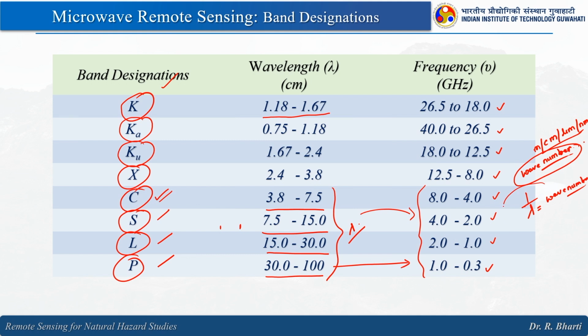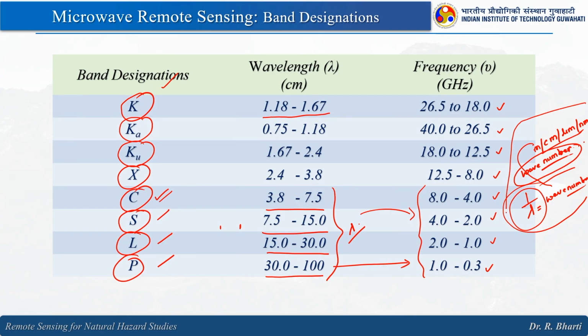So, you do not get confused with wave number. You simply do 1 by lambda, and then you can convert it to meter, centimeter, micrometer or nanometer. Generally in physics people use wave number more, but in remote sensing when we talk about wavelength, we generally refer to meter, centimeter, micrometer or nanometer.